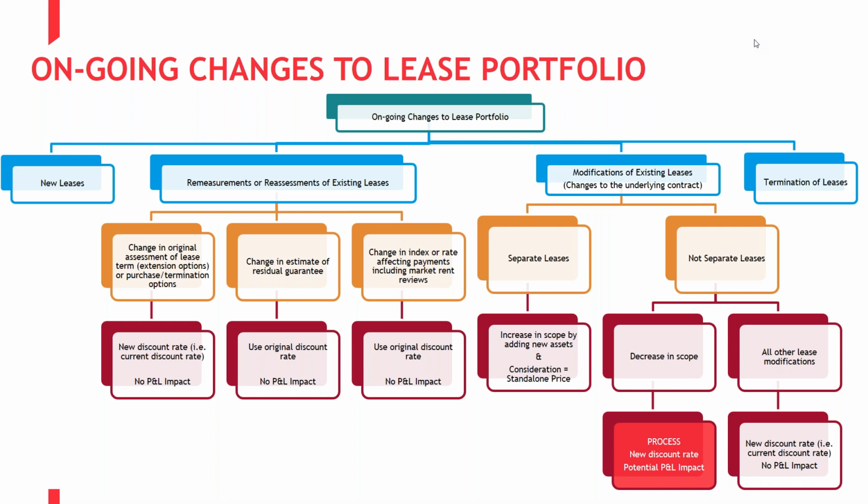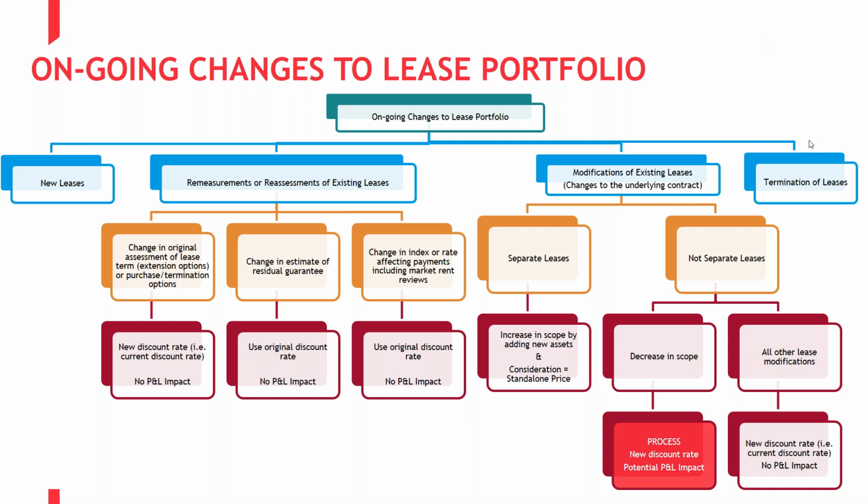The third category there in blue, there could be modifications of existing leases. So there's changes to the underlying contract. It's agreed changes between the lessor and the lessee. How do we deal with all of that? And then finally, the fourth category, you could terminate some of your leases.